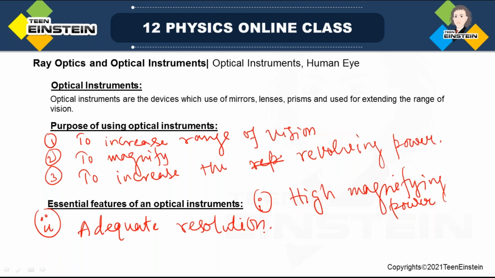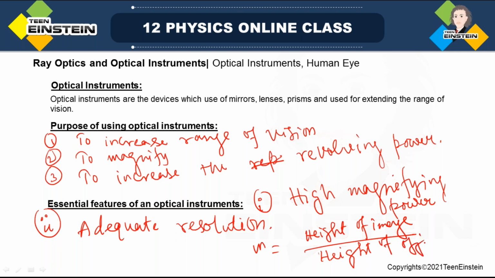As you know, magnification, linear magnification, is given by the height of image by height of object. Okay, this is magnification.